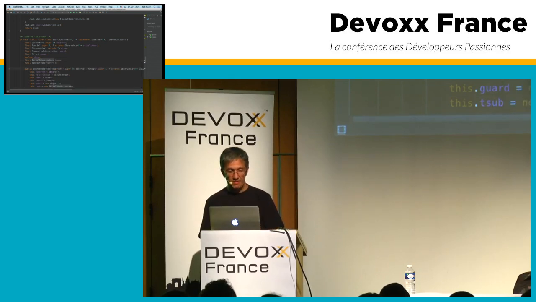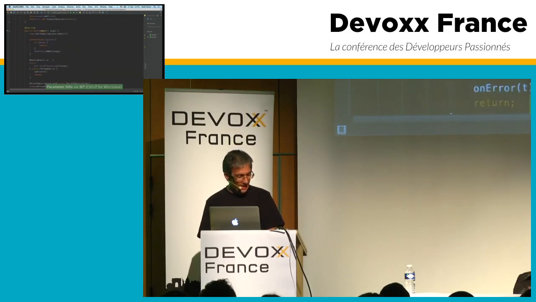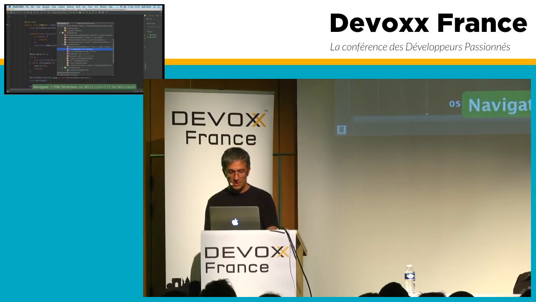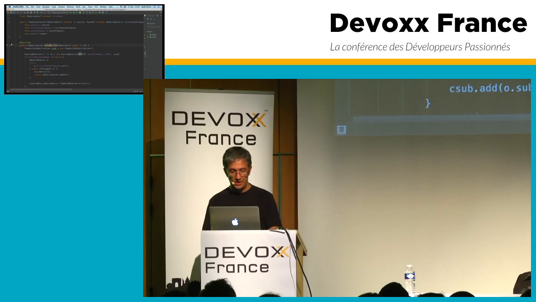Much like that with the methods, you can press Command P to get some information about the parameters when you're creating parameters, etc. Let's go to unsubscribe.